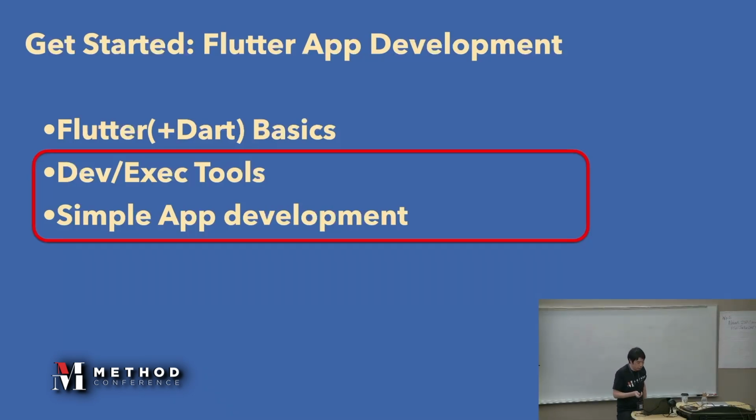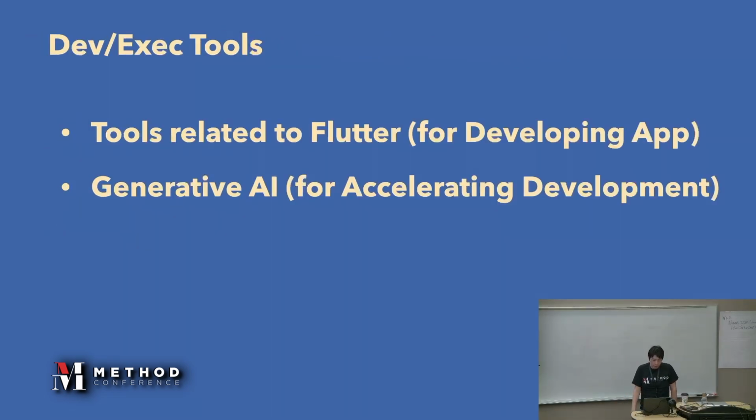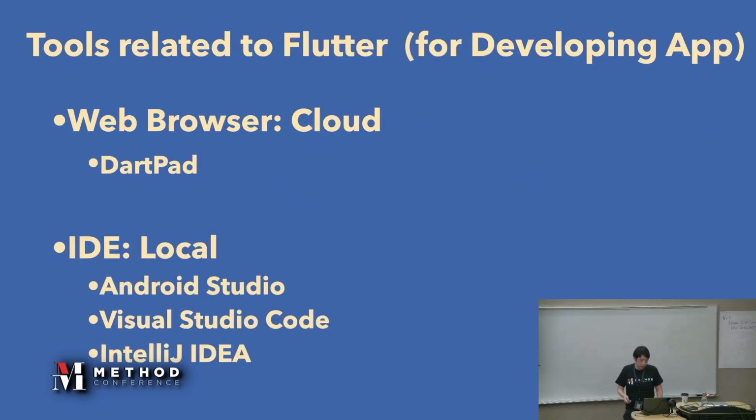I'd like to introduce these points in advance. Okay, first, dev tools. We have to use two kinds of tools like this: tools related to Flutter for developing apps, and generative AI such as ChatGPT, Gemini, or any other AI tools for accelerating our development speed.